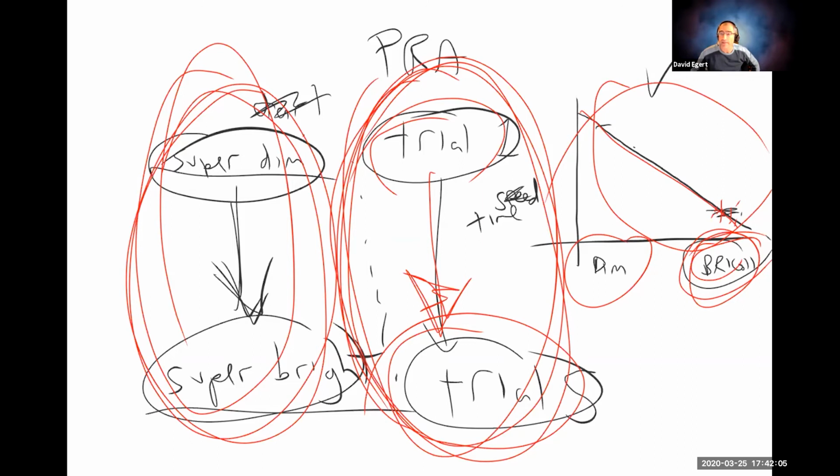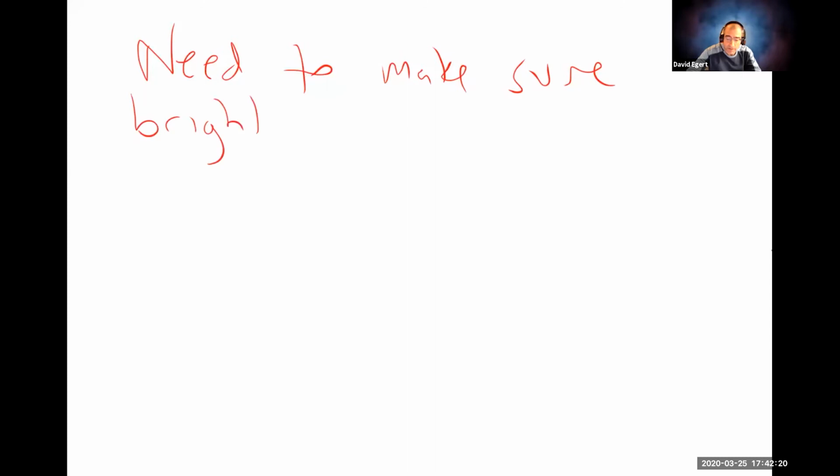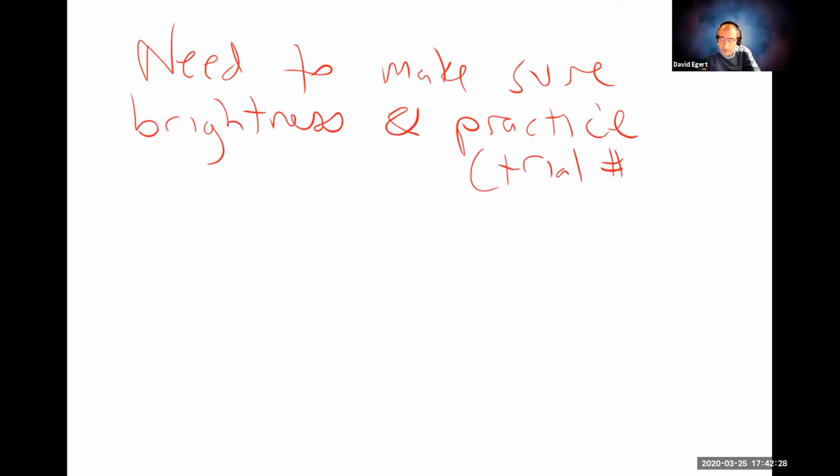Is this making sense here? We need to make sure brightness and practice, which is kind of the trial number, are independent.